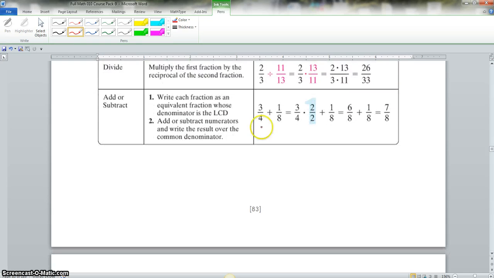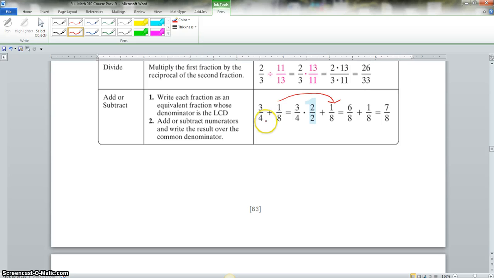Now add or subtract. You know we must have the same denominator, or the LCD, least common denominator, or a common denominator. We find that first, and we multiply the numerator and denominator by what would make this fraction have that denominator. The common denominator here was 8. Since this second fraction already has 8, we just carried it over here, this 1/8, since it already had 8 as the denominator.